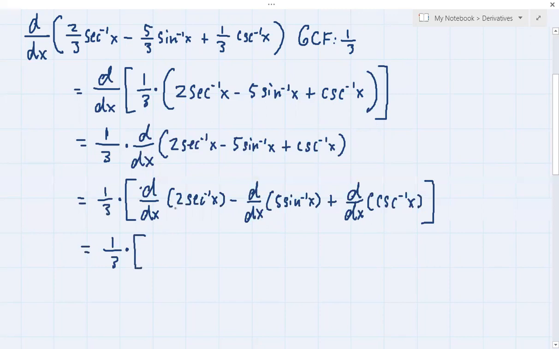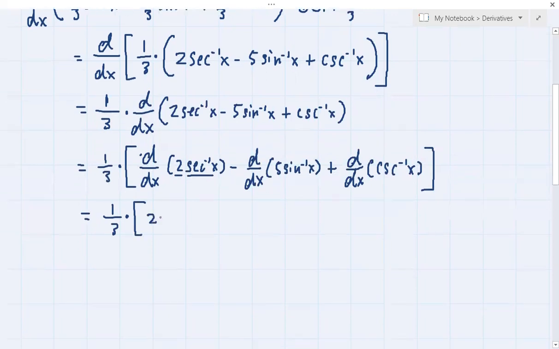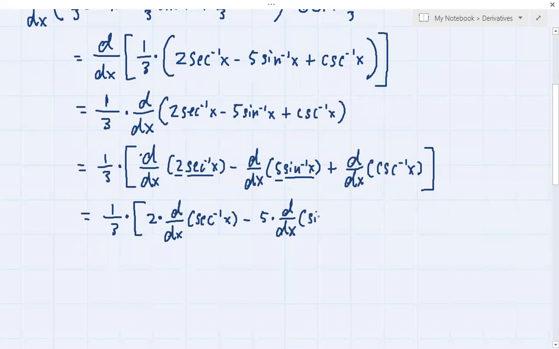In the first term, we have a constant 2 and a trigonometric function beside it, so we will have 2 times the derivative of arcsecant. In the second term, likewise, we have a constant 5 and a trigonometric function, so we will have 5 times the derivative of arcsine.